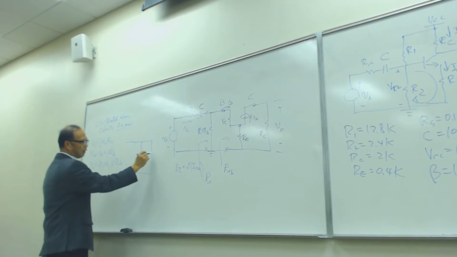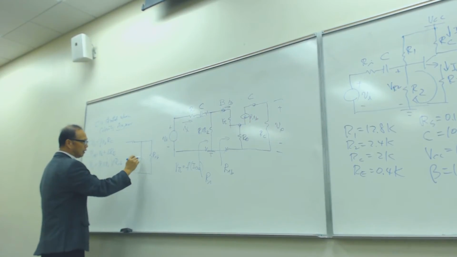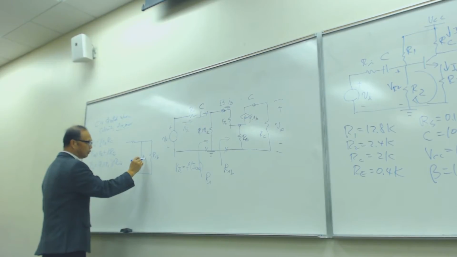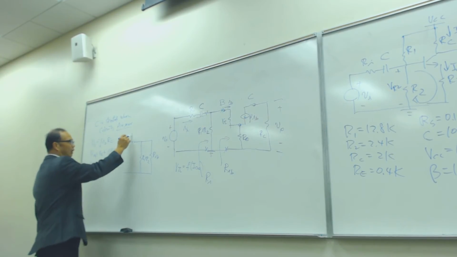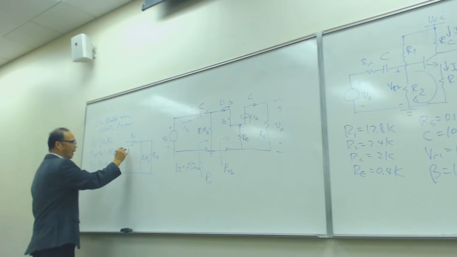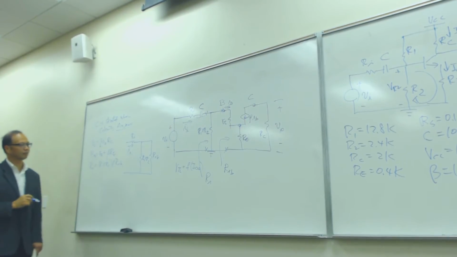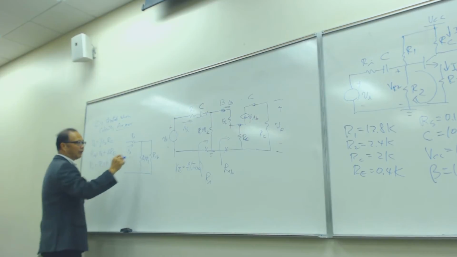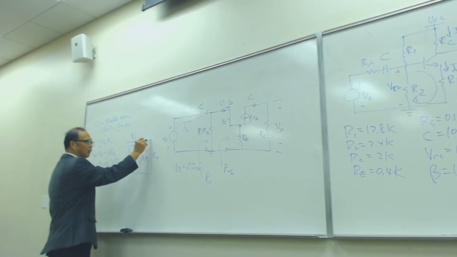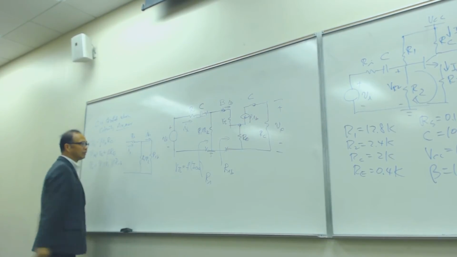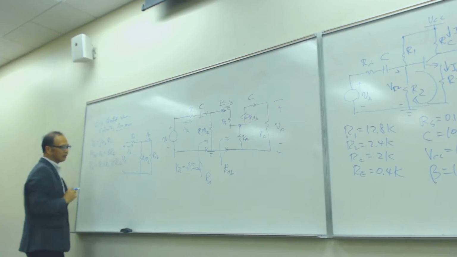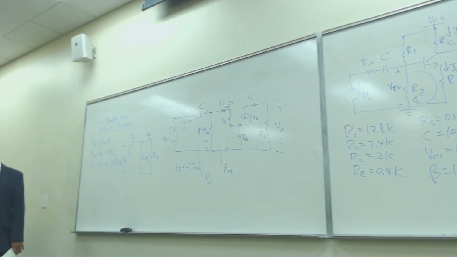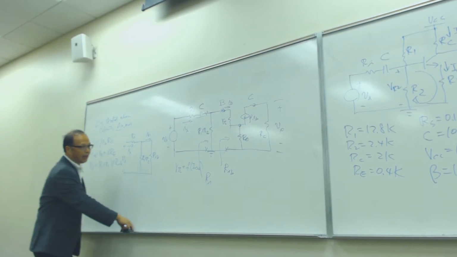This is R sub IB, this is R1 in parallel with R2, and this is R sub I, and this is I sub I. Remember, the current going through this is I sub B, and this is V sub I.